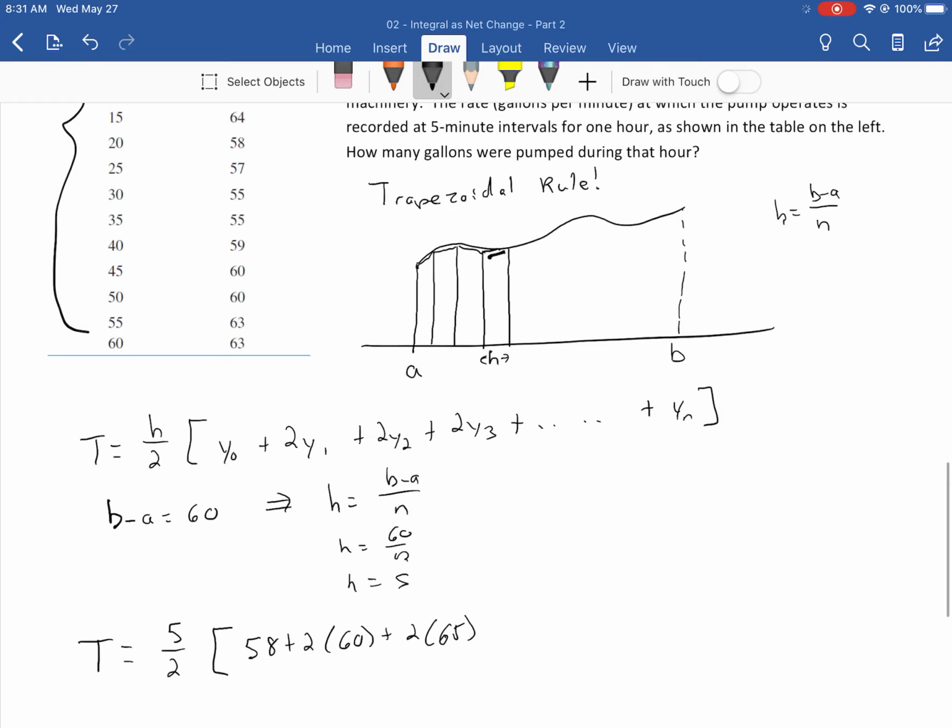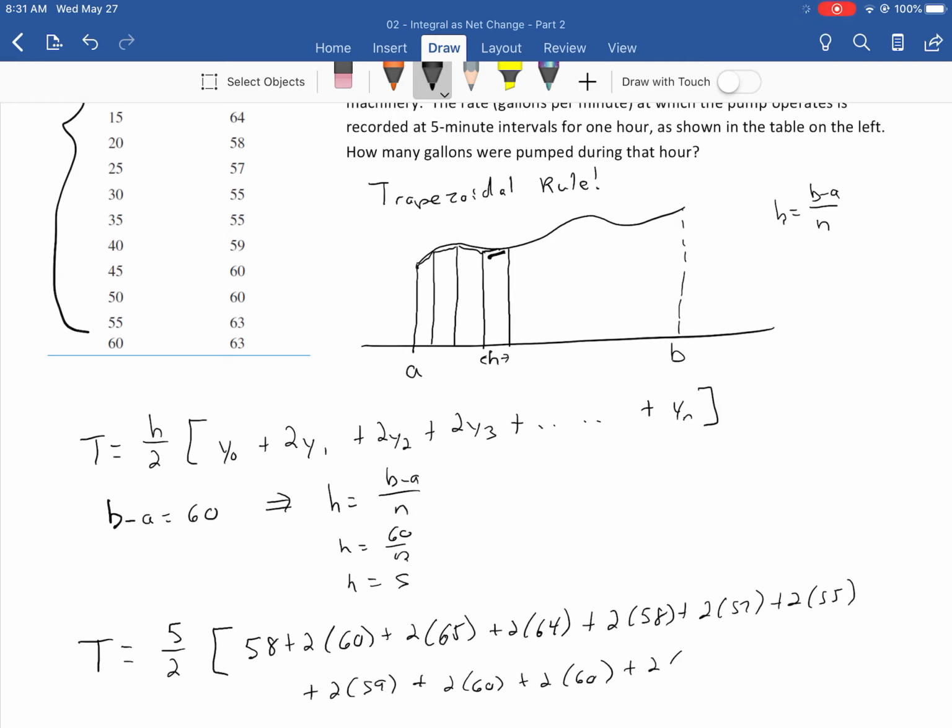Plus 2 64s, plus 2 58s, plus 2 57s, plus 2 55s, plus 2 59s, plus 2 60s, plus another 2 60s, plus 2 63s, plus another 2 63s.